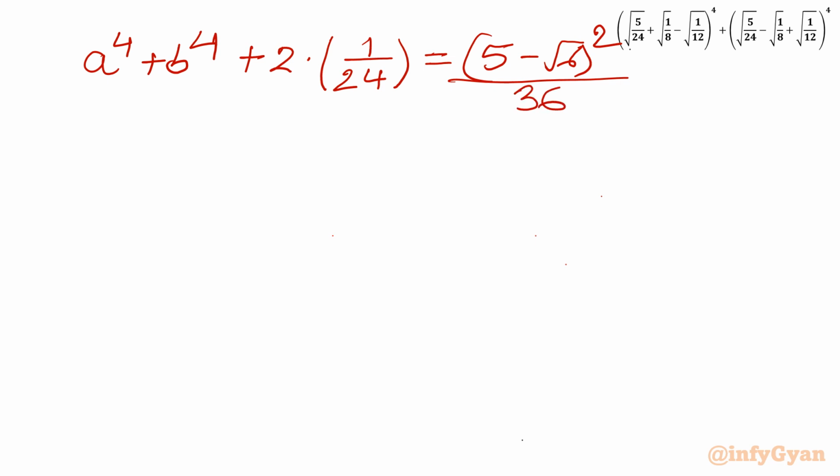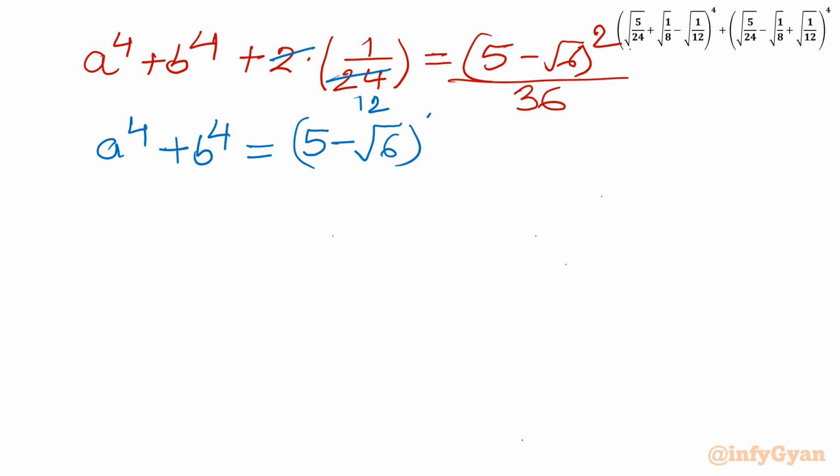Now we have to simplify. Here we can cancel by 12. So a power 4 plus b power 4, this value will be equal to 5 minus root 6 whole square by 36 minus 1 by 12.